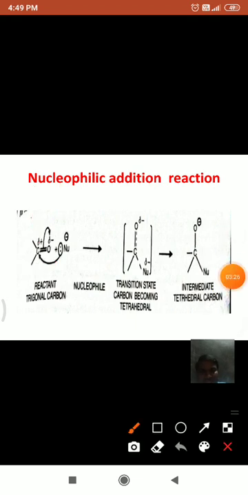Then the nucleophile attacks the carbon, so that this carbon of the carbonyl group, which was sp2 hybridized before, is converted into tetrahedral carbon. That is, it acquires tetrahedral configuration, and the oxygen acquires the negative charge.